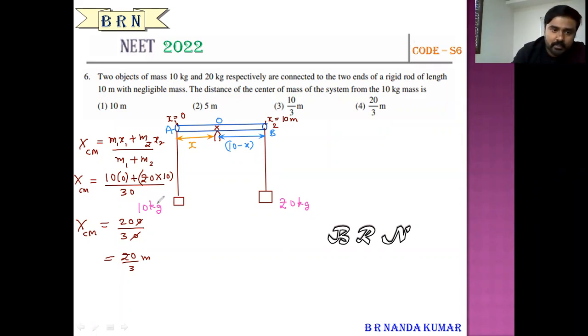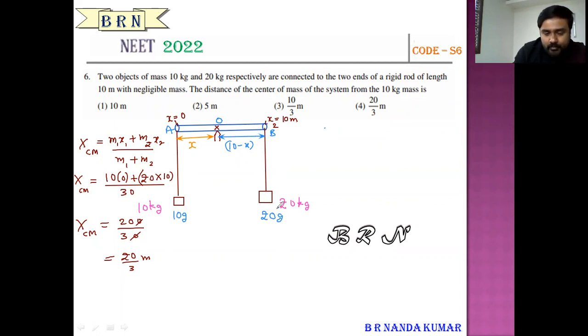So here the moment of 10 kg at A about O is the same as the moment of 20 kg at B about O. The gravitational force 10 g acts vertically downwards, and this is 20 g, and this gravitational force also acts vertically downwards. So force acting at one point into perpendicular distance is the moment of force.